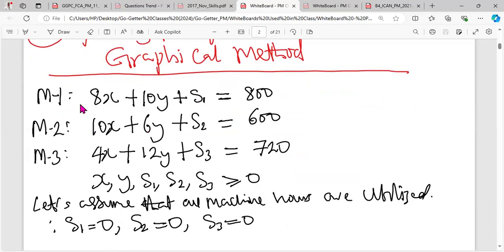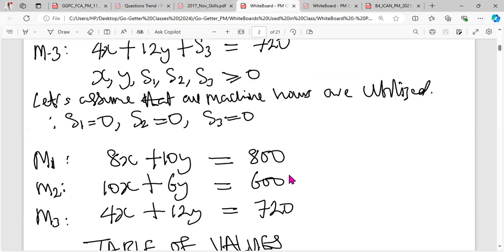And we now set it to be equal to, so when we are removing the inequality sign, we are adding the slack variable. Then we set all of these to be non-negative. So it's either going to be 0 or positive figures.